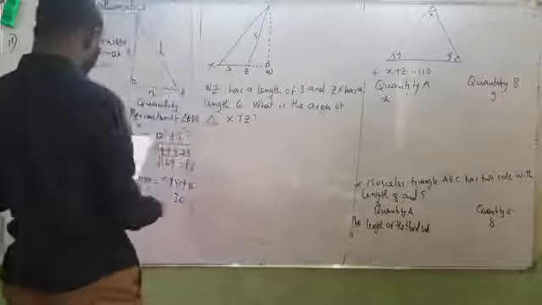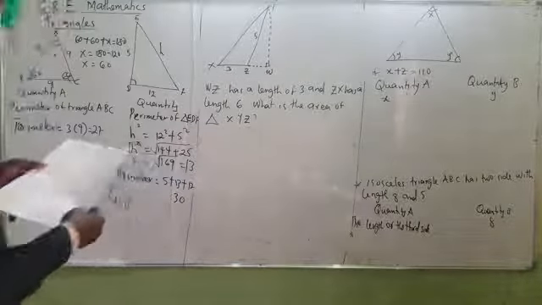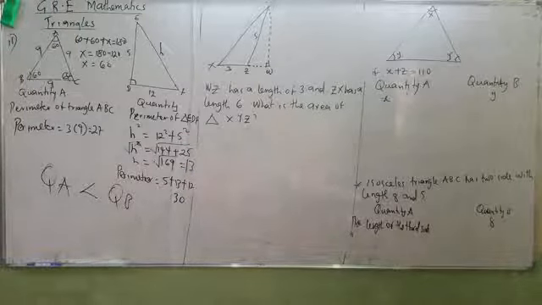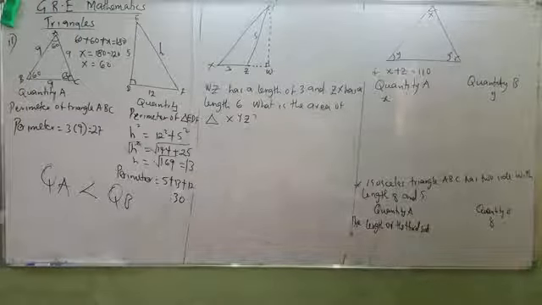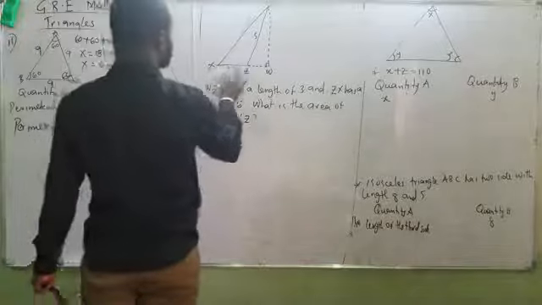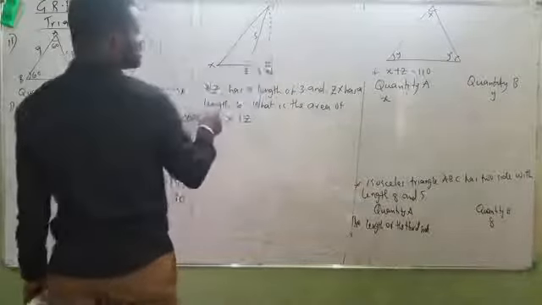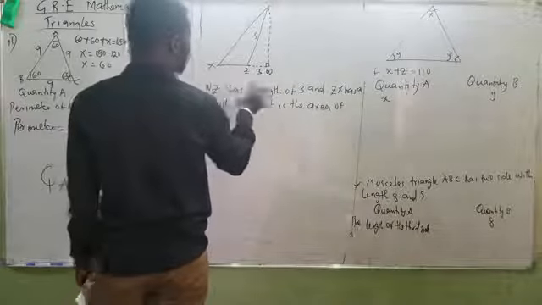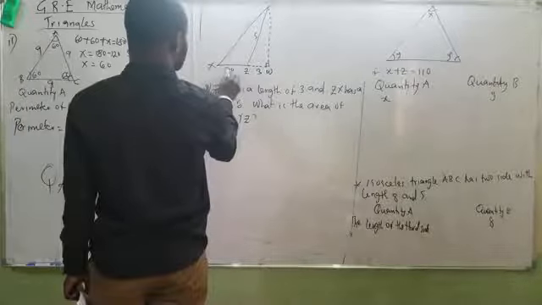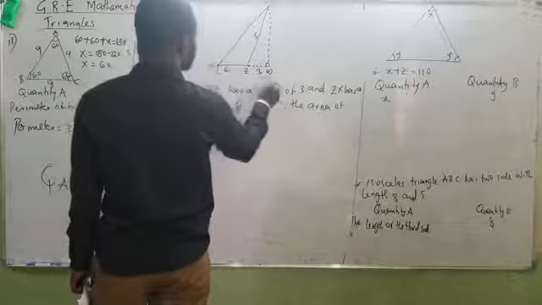Oh, I think the question is not clearly stated. Sorry. Oh, it's clearly stated. I'm the one that made the mistake. WZ has a length of 3, and ZX has 6. It means all from here to here will be 9.